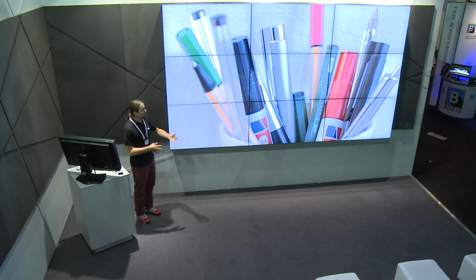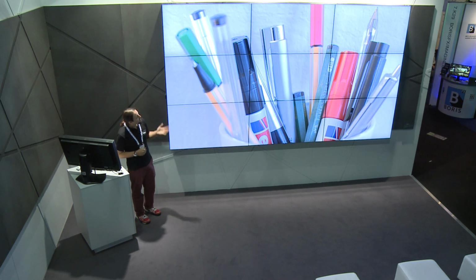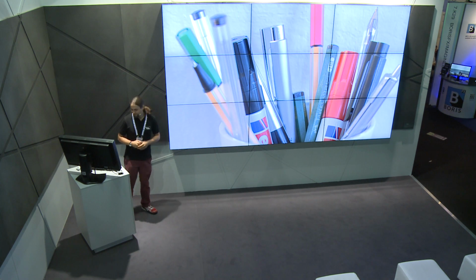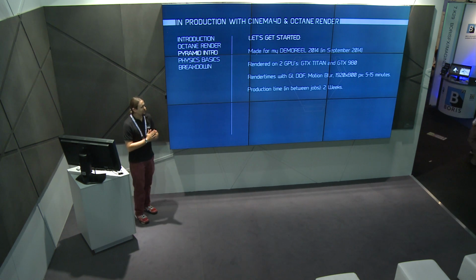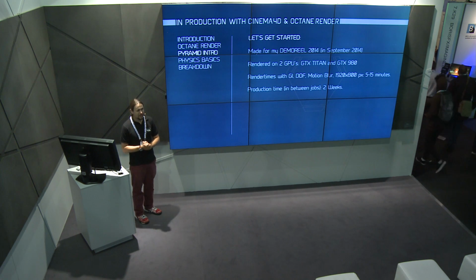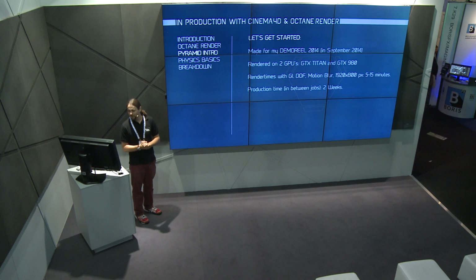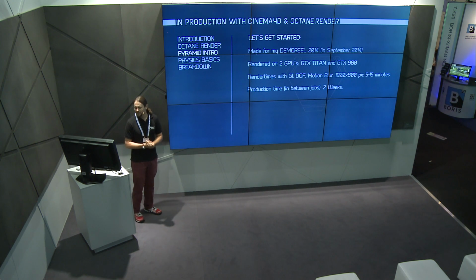So every material in here is made as closely physically plausible as possible, so that it will give the most realism to the viewers. And I think I at least a little bit achieved that goal. So let's finally get started and dive into Cinema 4D and into OctaneRender. So that's the last slide here.